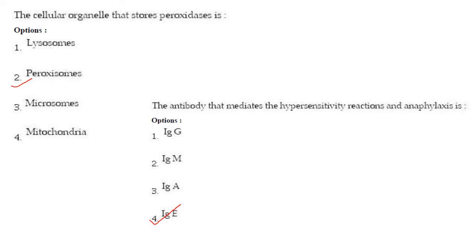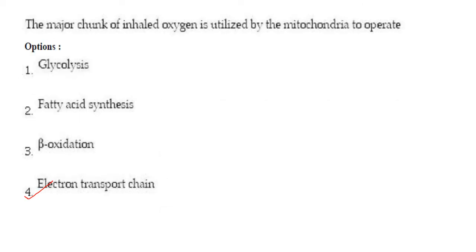Next one, the antibody that mediates the hypersensitivity reactions and anaphylaxis is option 1 IgG, option 2 IgM, option 3 IgA and option 4 IgE. Answer is option 4 IgE. Next one, the major chunk of inhaled oxygen is utilized by the mitochondria to operate option 1 glycolysis, 2 fatty acid synthesis, 3 beta oxidation, 4 electron transport chain. Answer is option 4 electron transport.